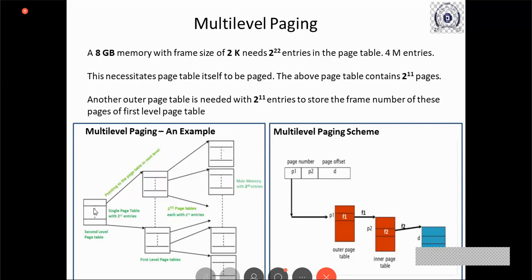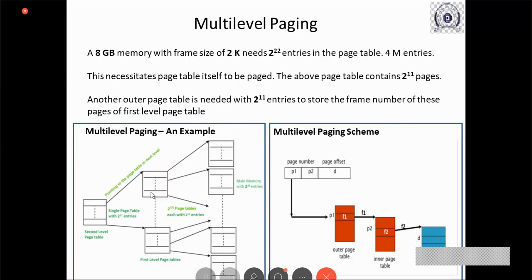This outer page table will keep the frame number of each of the pages of the page table, and these page tables will contain the frame number of the particular instruction in the main memory.